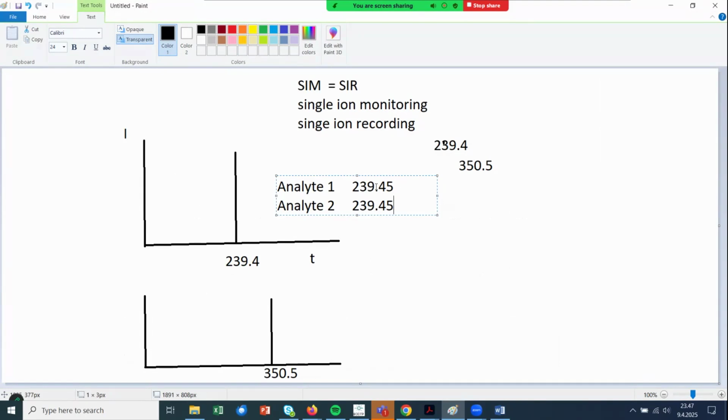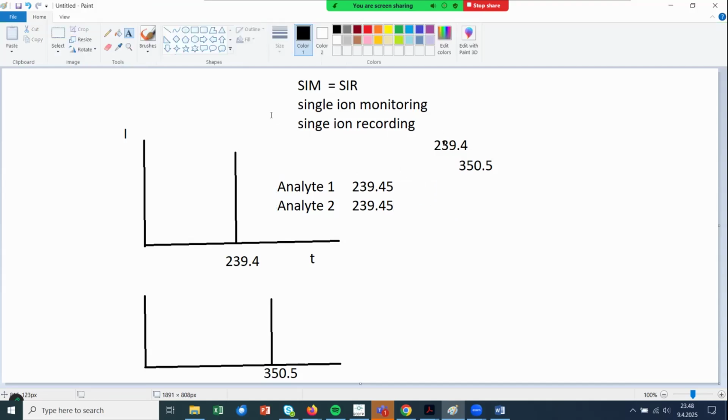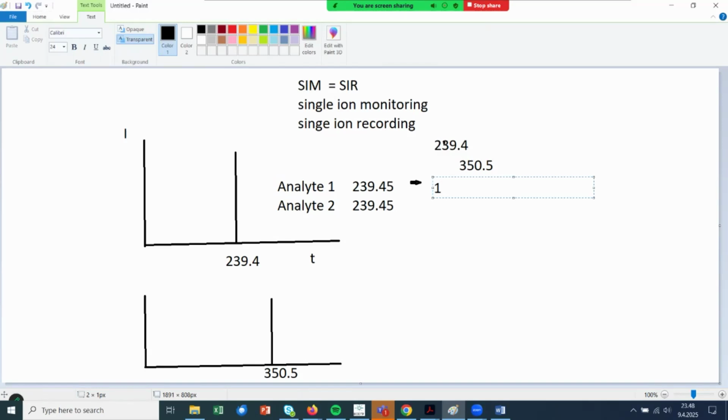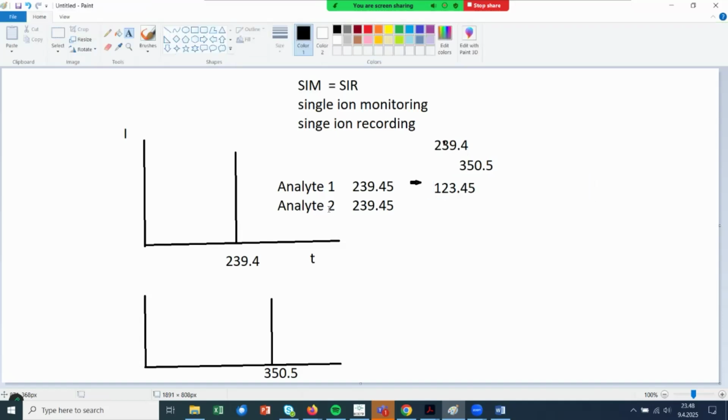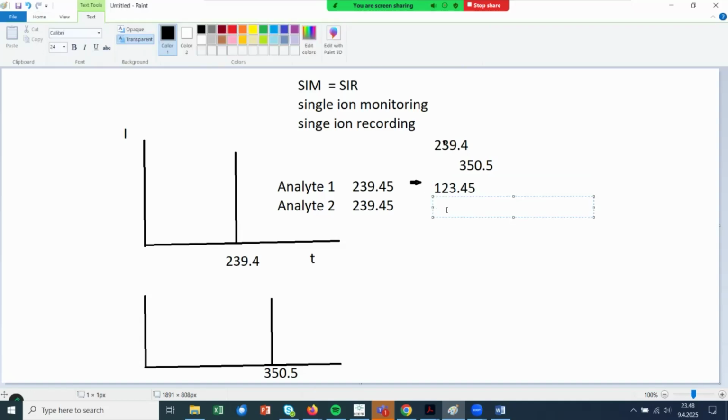If you break it down, you get fragments with different masses compared with analyte 2, which probably gives totally different masses. Just as an example, a characteristic fragment coming from analyte 1 could be 123.45.